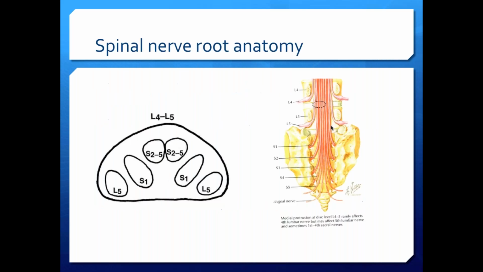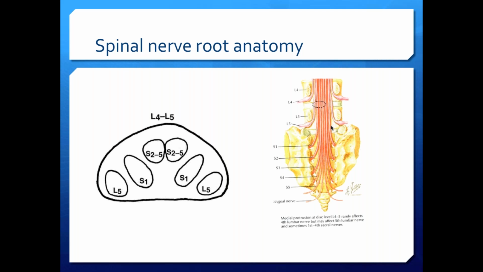So as far as the disc issue, two pictures are really helpful. I like referring to these pictures a lot when I talk about the spine. It's important to note that below the L1, L2 disc space is where all the cauda equina is. Depending on the direction of the herniation or the location of the injury, it will affect different nerve root levels.